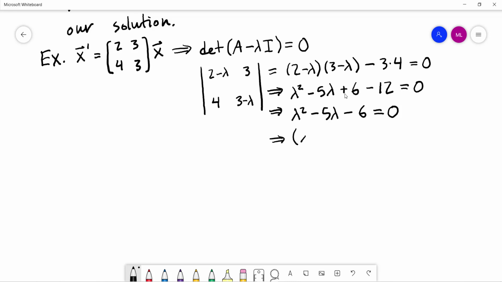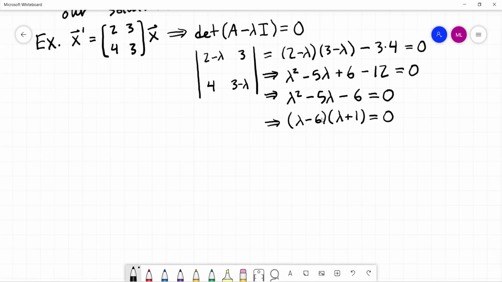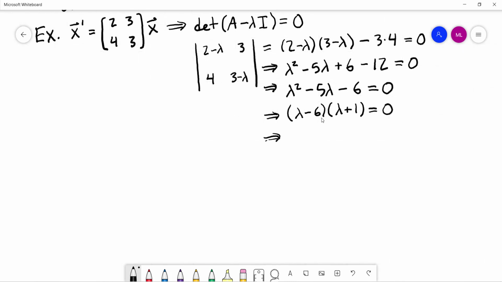Well, we can factor this into lambda minus 6 times lambda plus 1. Should work, right? I need two numbers that multiply to give me negative 6, but add to give me negative 5. So negative 6 and a positive 1 satisfy that. And when it's all said and done, we find out that lambda is either 6 or negative 1. Those are my two eigenvalues.